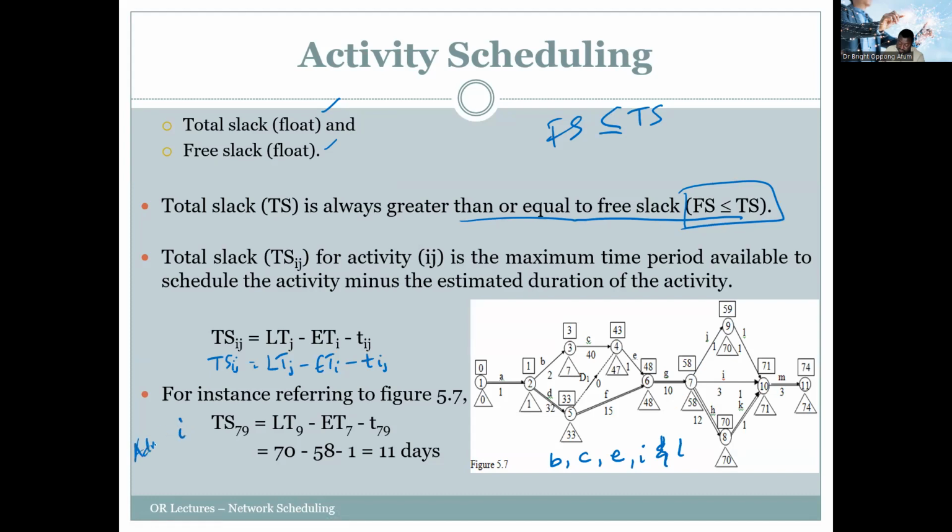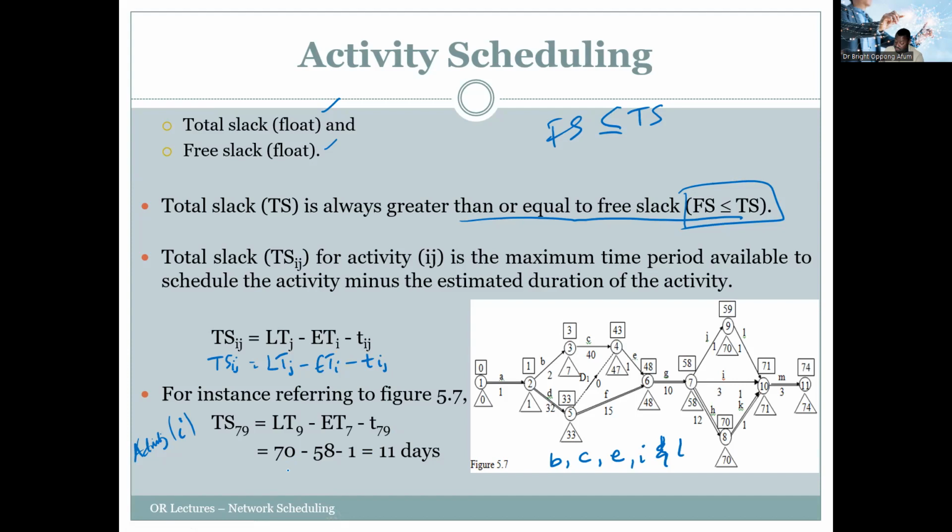So if we look at activity I, which is 7 to 9, there is the latest time on node 9 minus the earliest time on node 7, divided by minus the activity time.